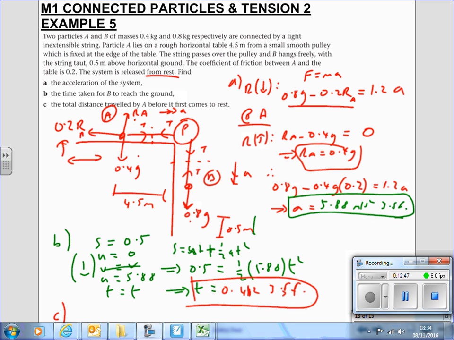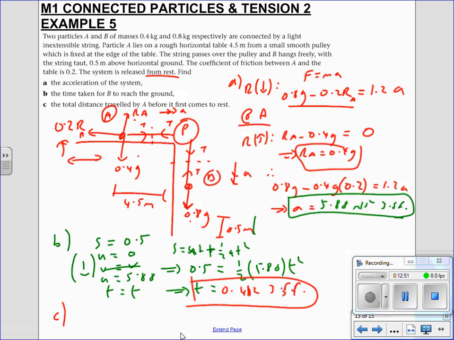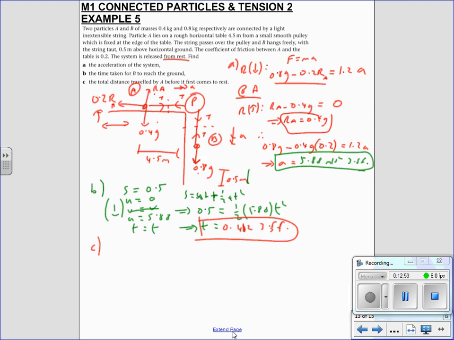So like I say, it's a two-stage operation. So we need to know the speed that B is going to hit the ground, because that's when A is going to be no longer pulled by B, and it's going to be subject to deceleration.